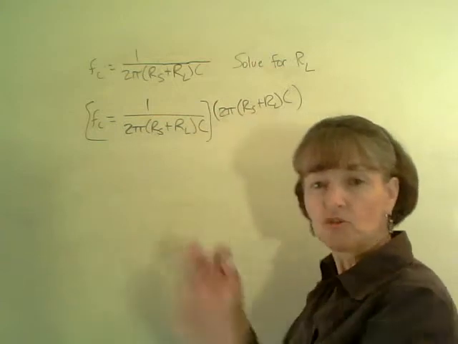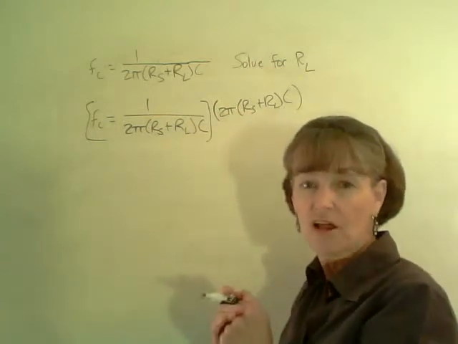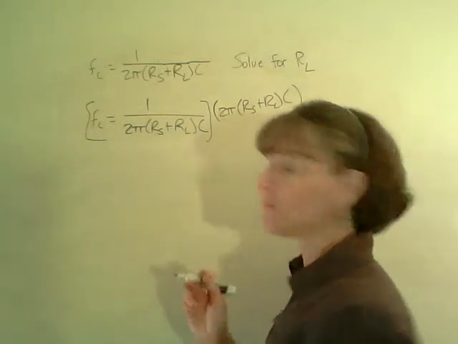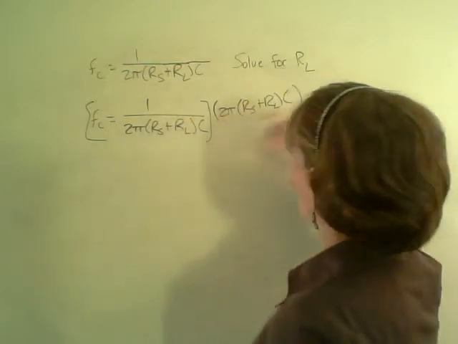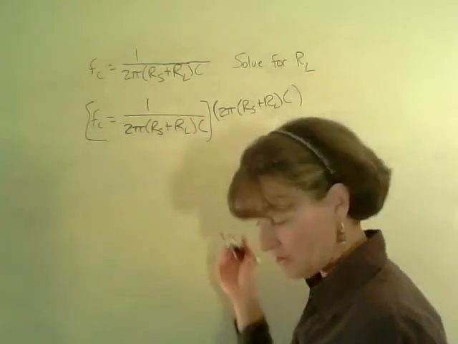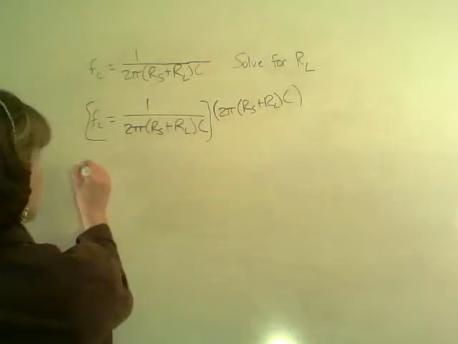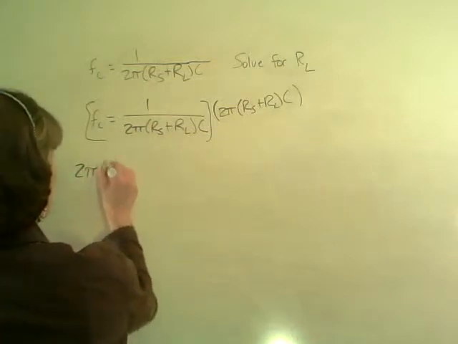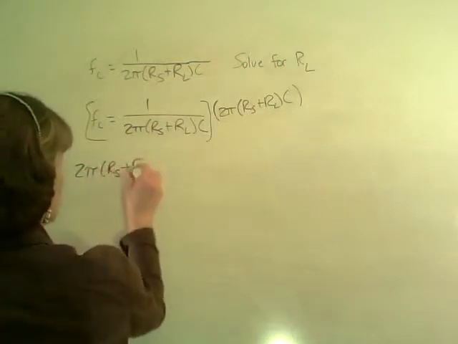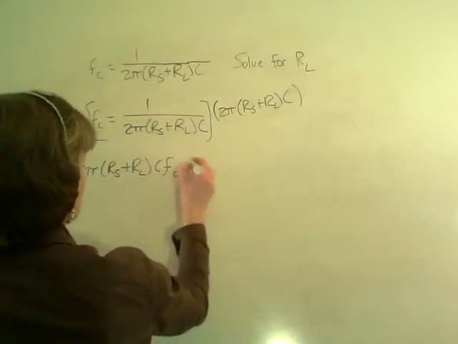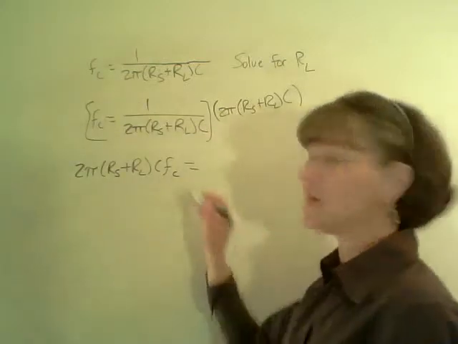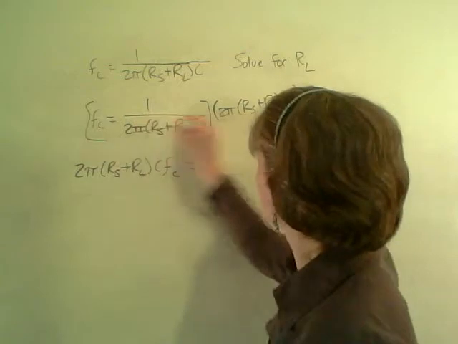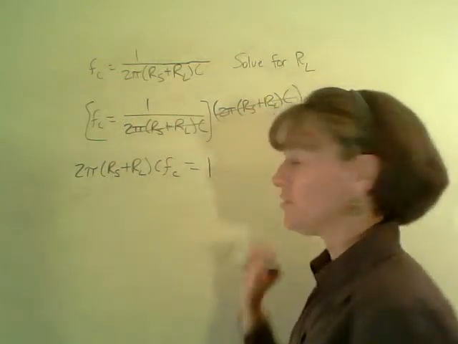Anytime you do something to an equation, you have to do it to both sides so that you don't change the equality. All right, well, when I multiply this denominator by FC, then I just get all of those things multiplied together: 2 pi RS plus RL times C times FC. But on the right-hand side, the denominators cancel, and so I just get 1.